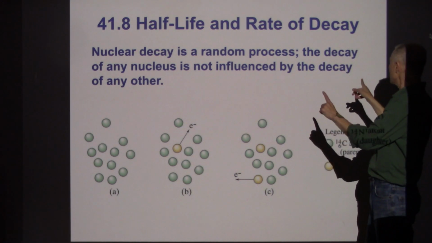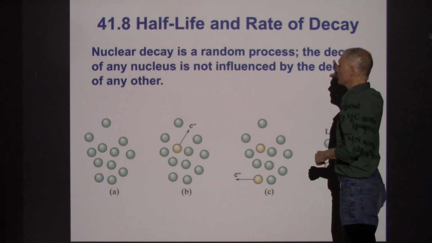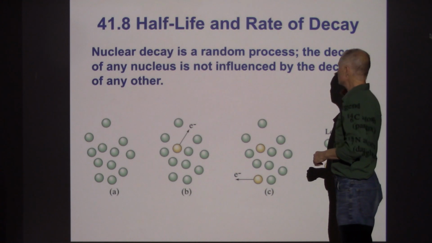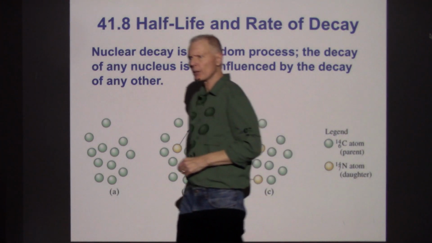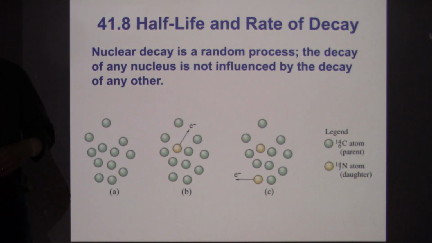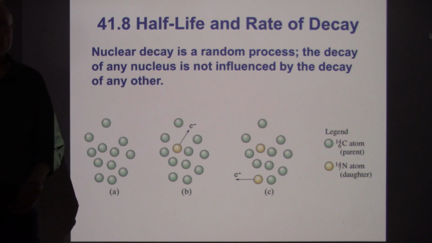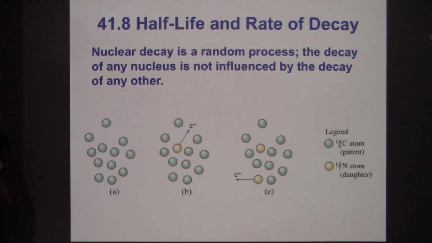It's true in the sense that the decay of one of these is not influenced by the decay of the other. So maybe a better way to state this is to say that it's an independent process. So each individual nucleus has its own timer. And it's not a fixed timer. It's not that there's a fixed time at which it will decay, but there's a certain probability clock that's running.